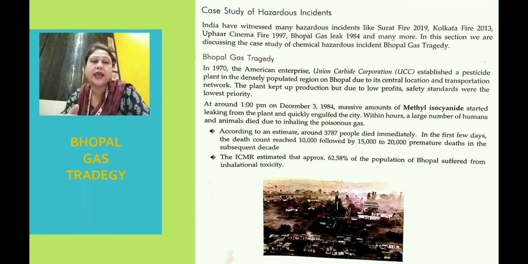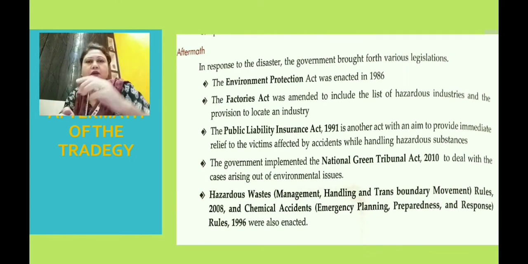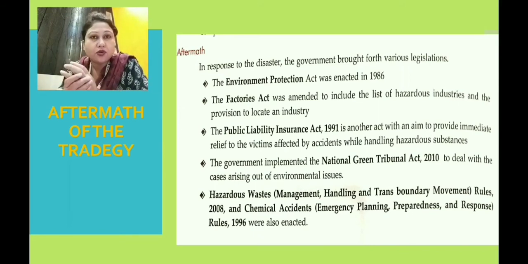So they inhaled the toxic substances, and as a result you can see that there were more deaths, and the people suffered a lot. There was no safety measure in the gas plant.